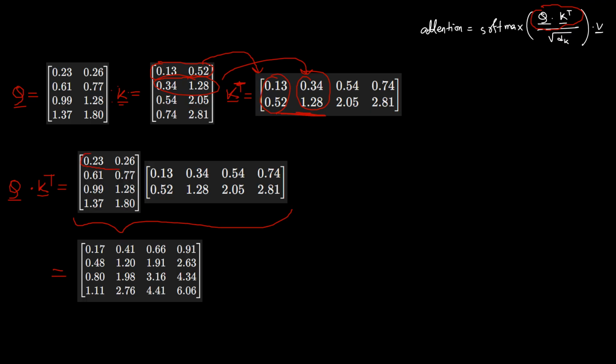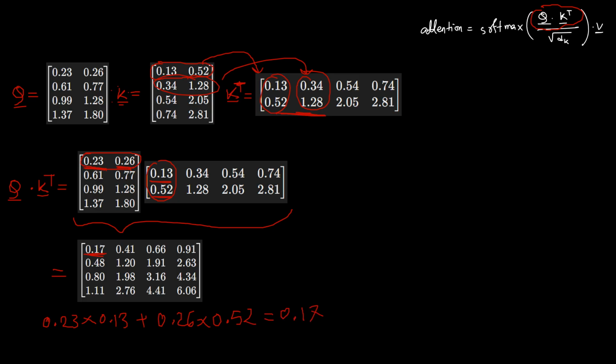We will multiply the first row with the first column to get the first element of the result. If I show it here, the first row is 0.3, 0.23, which will be multiplied with 0.13. So 0.23 times 0.13 plus 0.26 multiplied with 0.52, and this will give us as output 0.17.